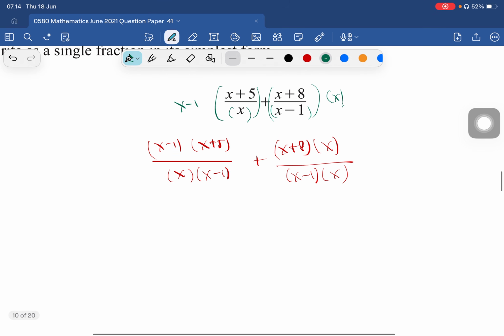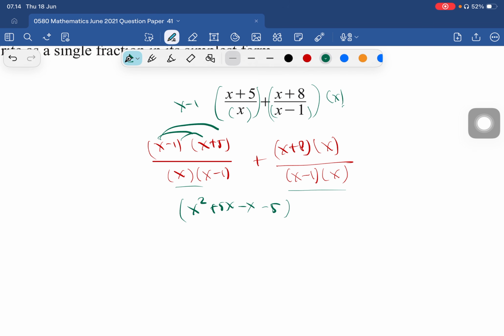Okay, let's proceed. The denominators are equal. So here, expanded: x squared plus 5x minus x minus 5, plus x squared plus 8x, divided by, here are equal, so this is x squared minus x.